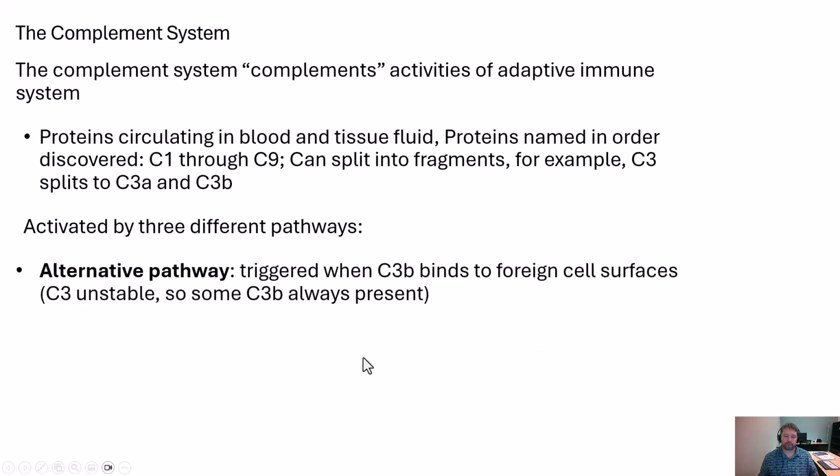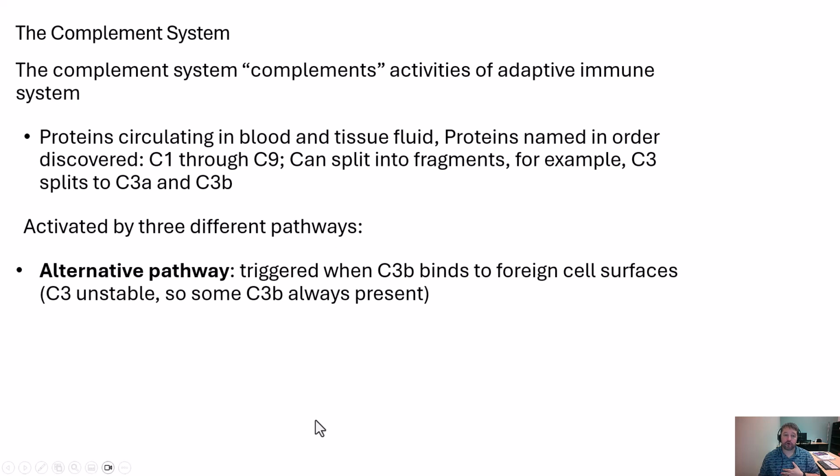The first pathway is the alternative pathway, which is triggered when C3b binds to a foreign cell's surface. C3b is the split of C3, which has an A part and a B part. If C3b binds to a foreign cell surface, it will induce phagocytosis. It induces phagocytes to consume that material, and we'll come back to that.